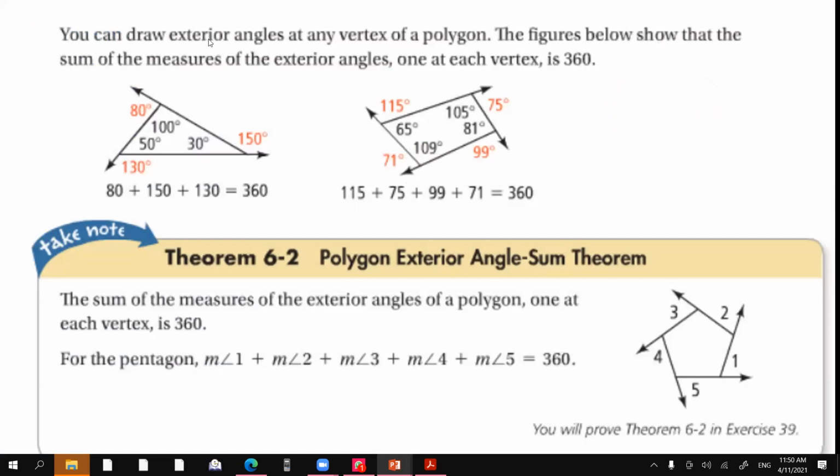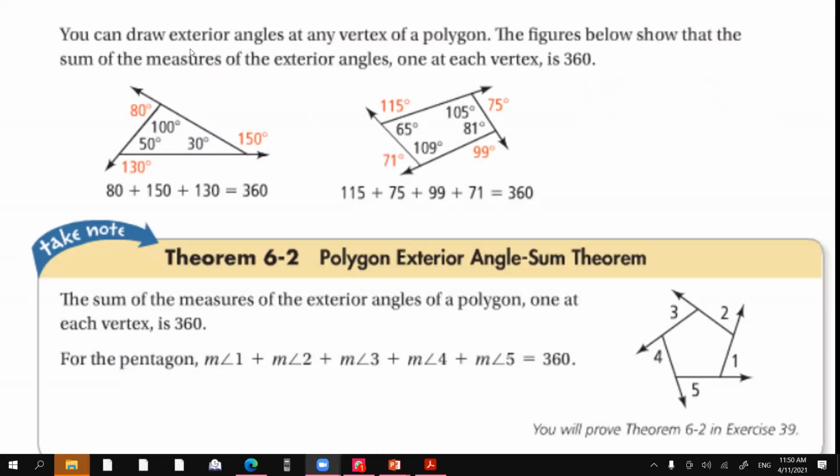Now, after we talked about the summation of the interior angles, let's talk about the summation of the exterior angles.